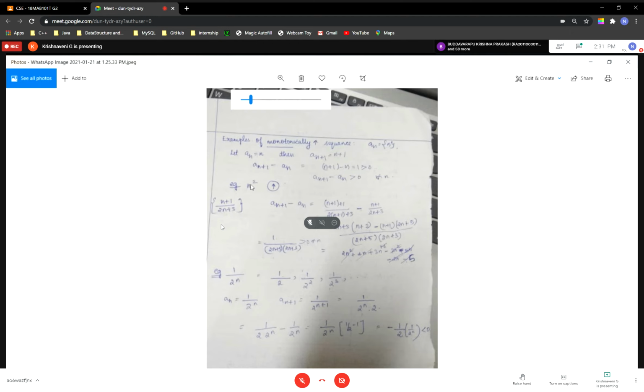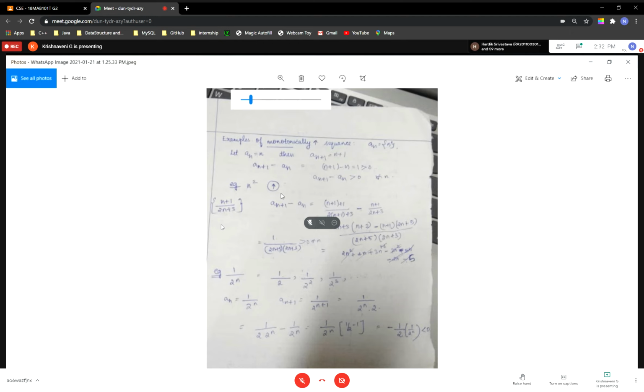Next example: n square is also increasing. You just check for n square. An equal to n square, an plus 1 equal to n plus 1 whole square. An plus 1 minus an is n plus 1 whole square minus n square.